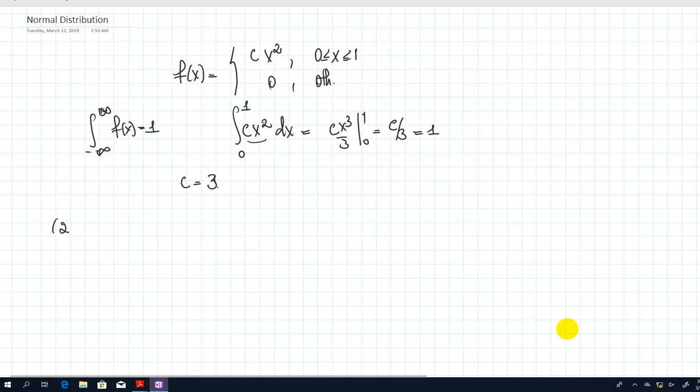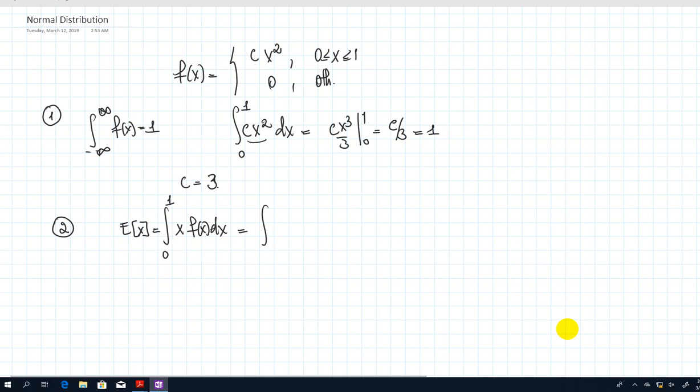In the second part of this problem, you need to find the expected value of x. We evaluate the expected value in a continuous case by multiplying x by the density function and integrating from minus infinity to plus infinity. Since the density function is 0 in all regions except 0 to 1, we only need to integrate from 0 to 1.